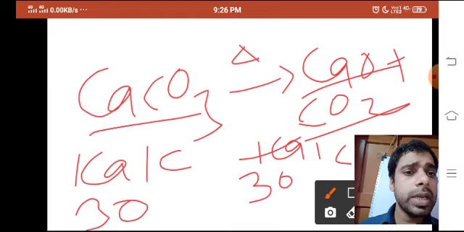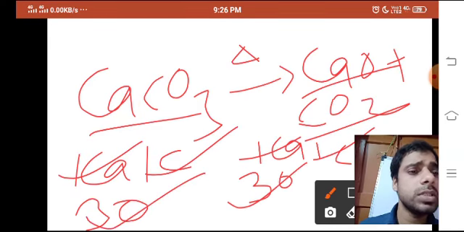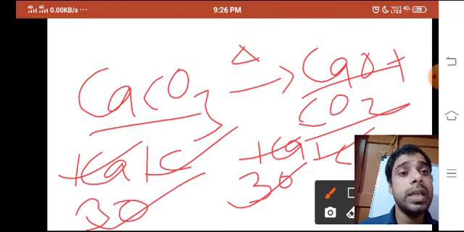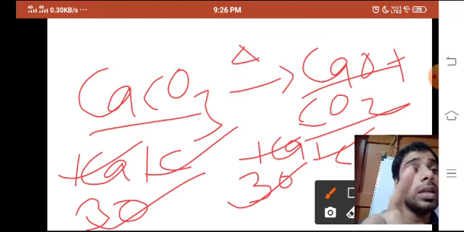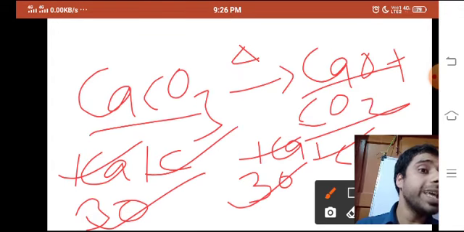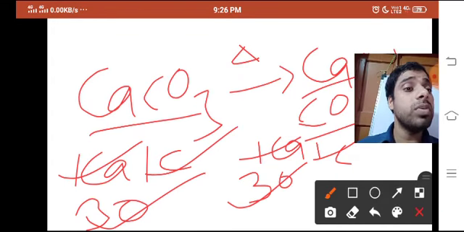So one calcium, one carbon, three oxygen, all are equal. So we can say that atoms are neither created nor destroyed in a chemical reaction. That postulate will explain the law of conservation of mass.